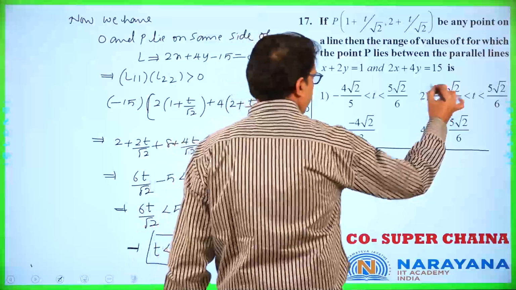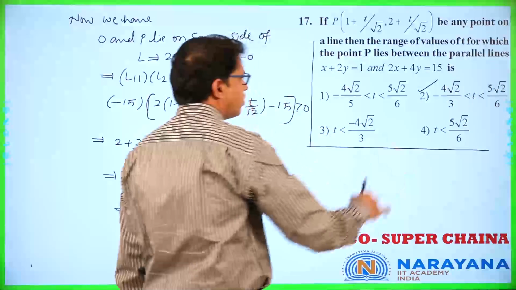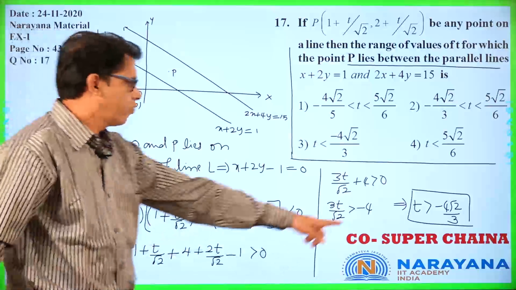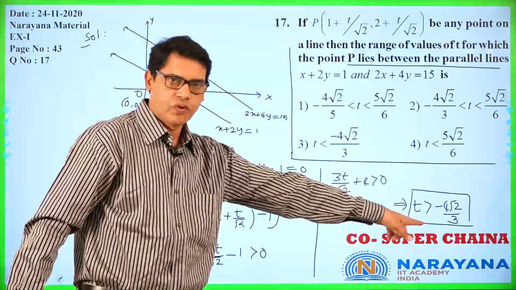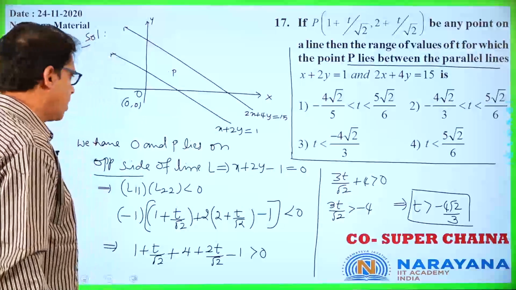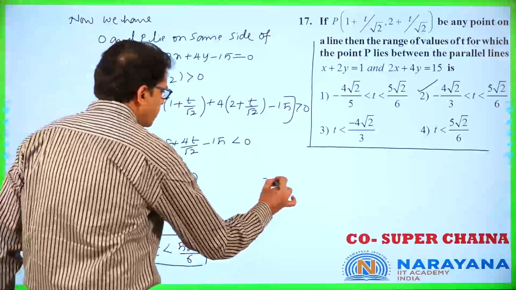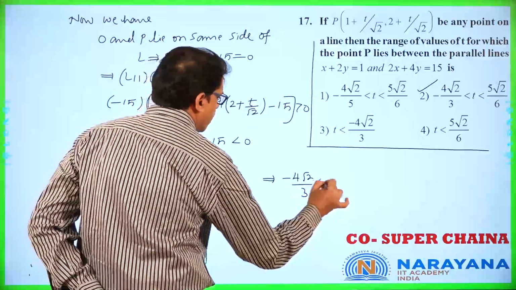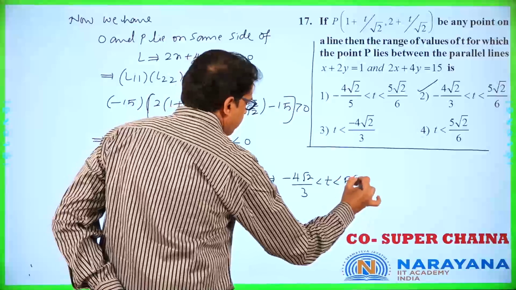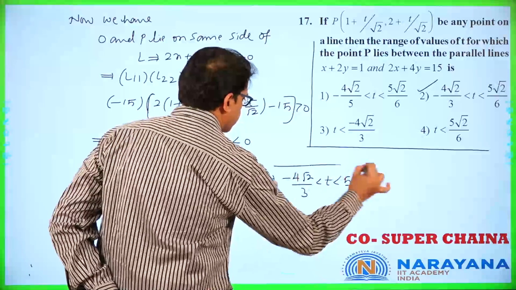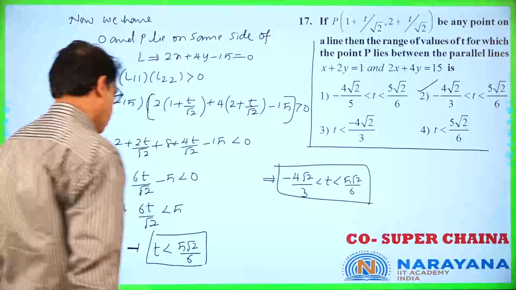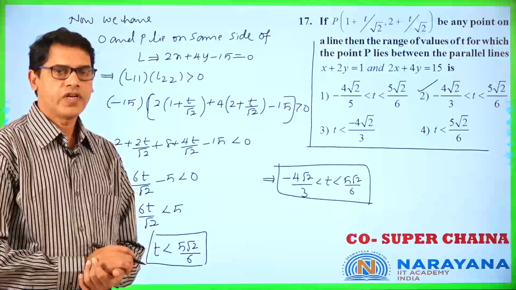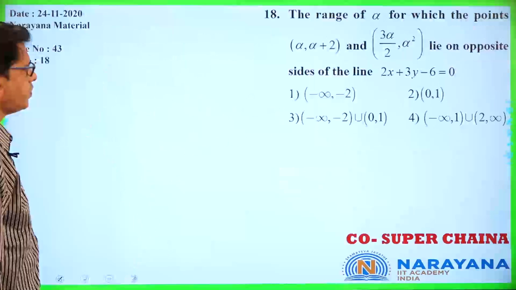Therefore t is less than 5 root 2 by 6 and more than minus 4 root 2 by 3. That implies that t lies between minus 4 root 2 by 3 and 5 root 2 by 6: minus 4 root 2 by 3 is less than t, which is less than 5 root 2 by 6.